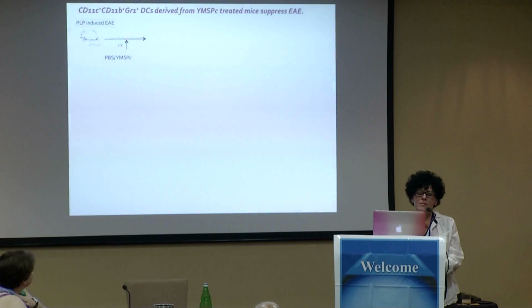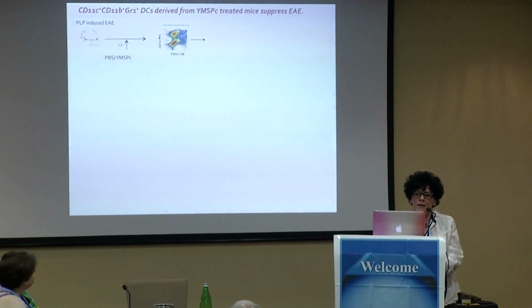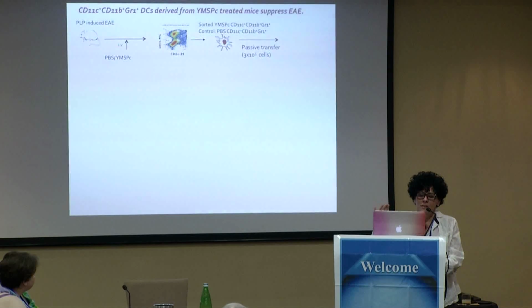So again, for this, we injected SJL mice with PLP for EAE induction. We isolated the spleen, stained them with CD11c, CD11b, and then sorted them and passively transferred them to EAE-induced mice on day 5.